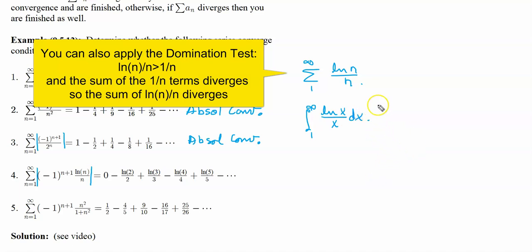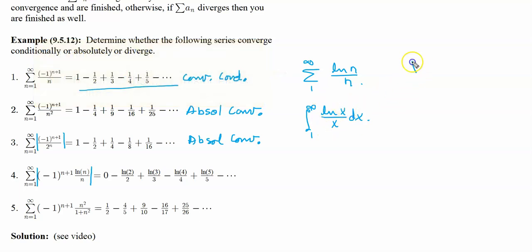Okay, now notice that we are allowed to apply the integral test with this function because, first of all, the function here, f of x, does satisfy f of n equals a_n, okay? And also, the other condition that we need to apply the integral test is that this is a decreasing function.